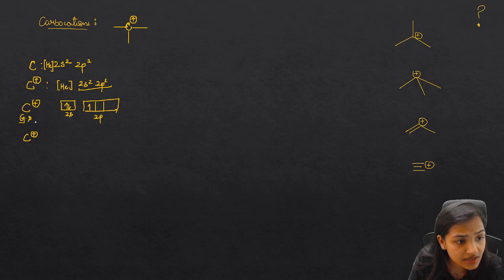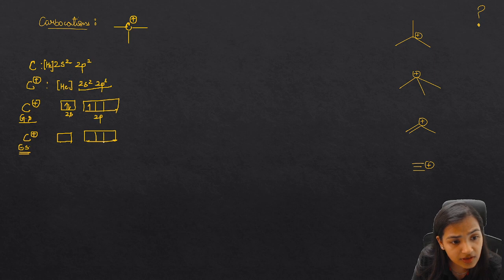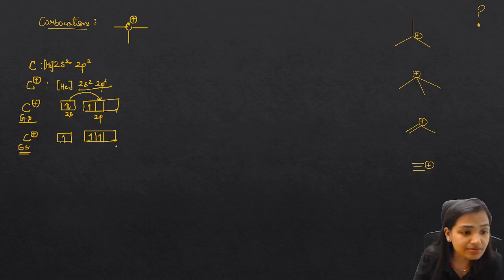This was the electronic distribution in the ground state, but in the excited state, one electron from the s orbital gets excited to the 2p orbital. Now ultimately what will happen?